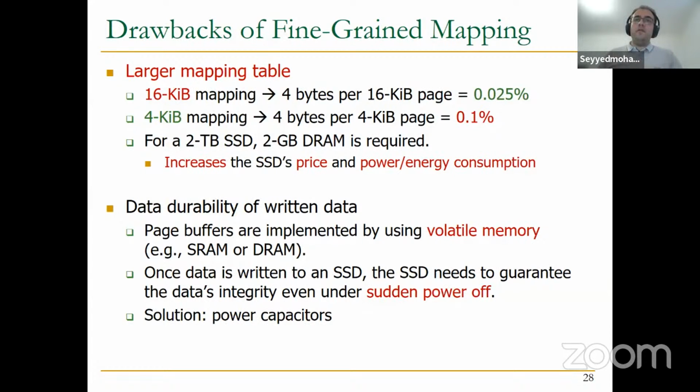As we also covered previously, we need to have some capacitors to keep some charge, so that whenever we have a sudden power off, those capacitors can provide enough charge to do this flushing operation, right? So we can keep the data's integrity. But as you can see, this comes at a price.